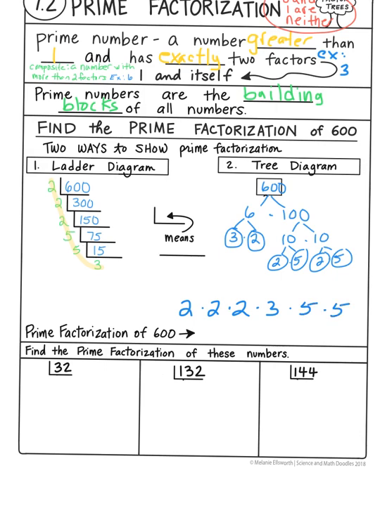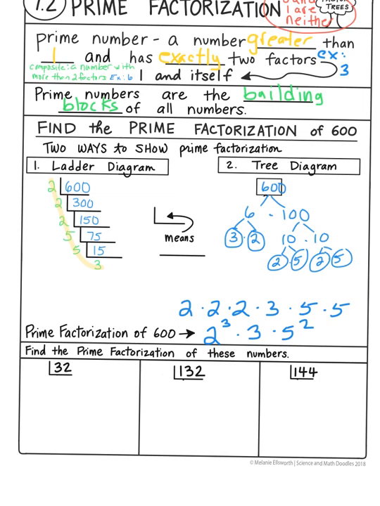Or a better way to write it using exponents is 2 to the third power, because 2 is used as a factor 3 times, 3 to the first power, but we don't have to write 1 in there because there's only 1 3, times 5 to the second power. And that's going to be the prime factorization of 600.